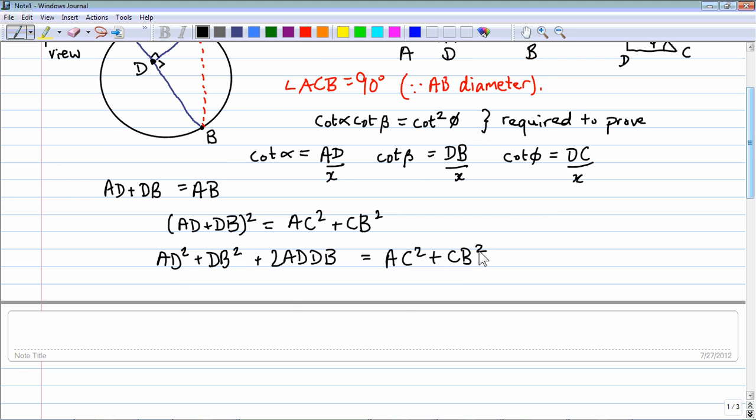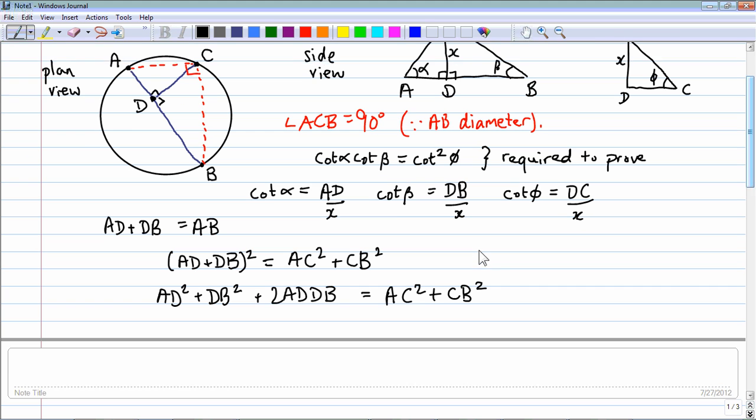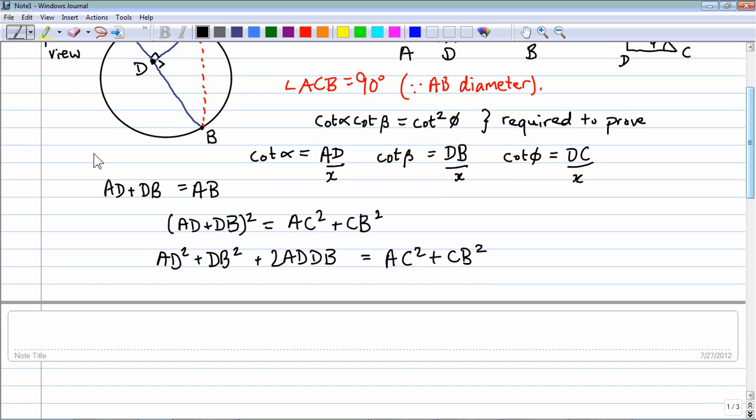But I also know that AC squared can be found by examining the triangle ADC. So in that triangle, AC is the hypotenuse. So this AC squared on the right-hand side could be rewritten as AD squared plus DC squared.